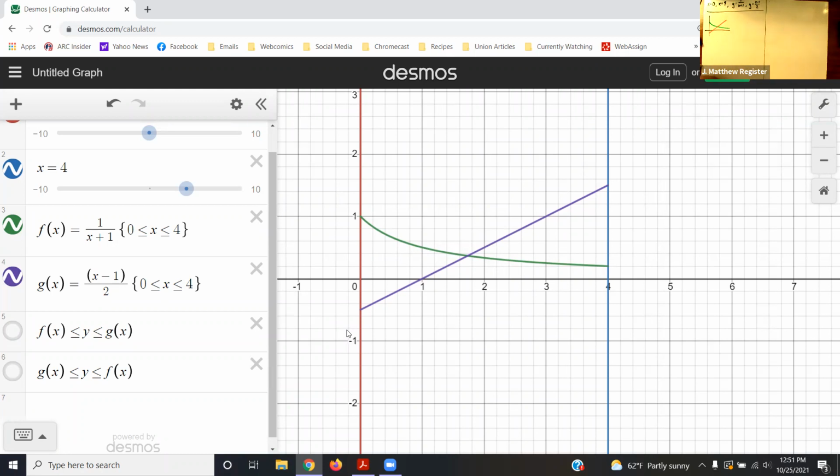And so we know we are going from 0 to 4. I will call the first function f of x. I will call the second one g of x. And I will even have them color coded to make it easier for me.